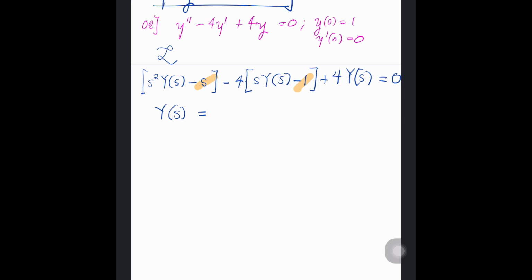So it becomes s, from positive 4 becomes negative 4, and divide it by the coefficient of y of s. To get the coefficient of y of s, that is s squared minus 4s plus 4. So what is the coefficient? It becomes s squared minus 4s plus 4.